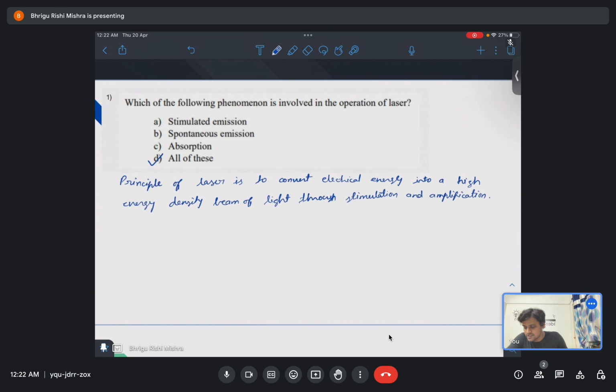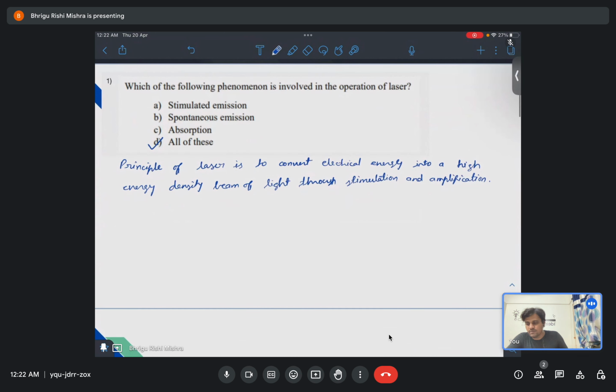So let's discuss all these processes in a little bit of detail. The first one is absorption. Suppose I have two energy levels, E1 and E2, and I have an electron at the lower energy level E1.